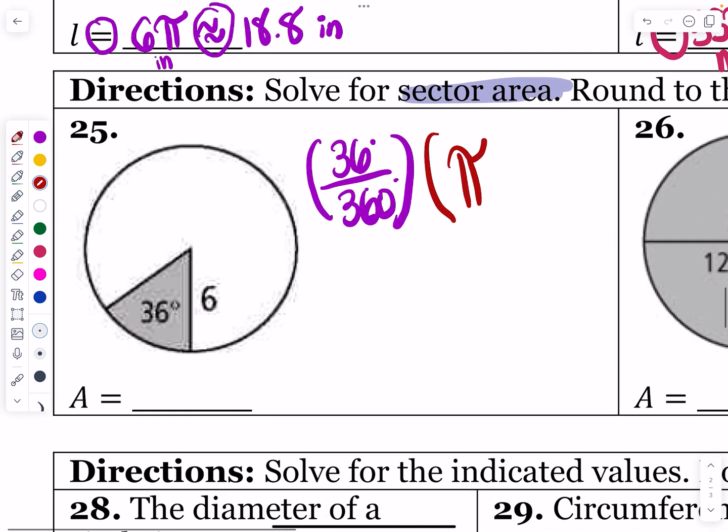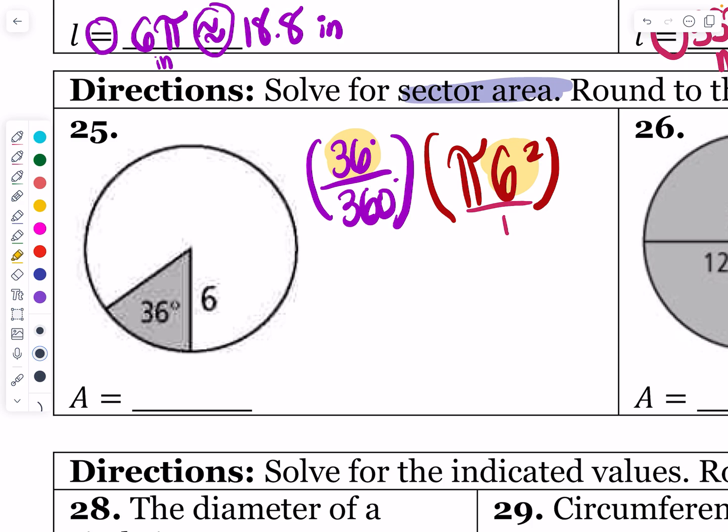So that's going to be times pi times 6 squared. Again, we know that this is over 1, so I'm going to put this over 1, and I'm going to multiply all the numbers in the numerator by each other. So that's going to be 36 times 6 squared. That is going to give me 1296 over 360 pi.